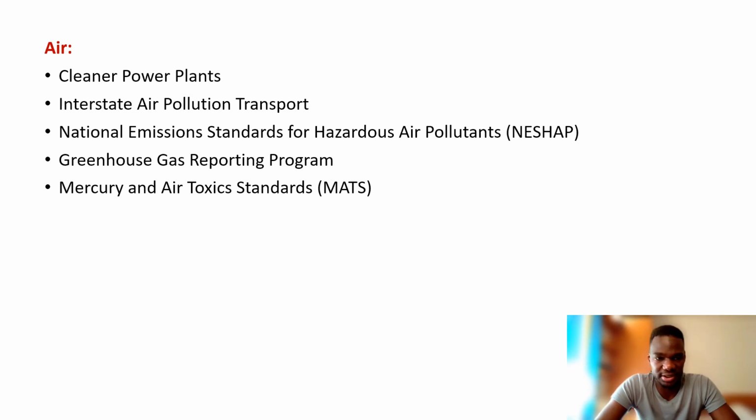There are a lot of them: air toxics standards for utilities, benzene waste operations, and these laws. There is also the greenhouse gas reporting program, and the mercury and air toxics standards, abbreviated MATS.